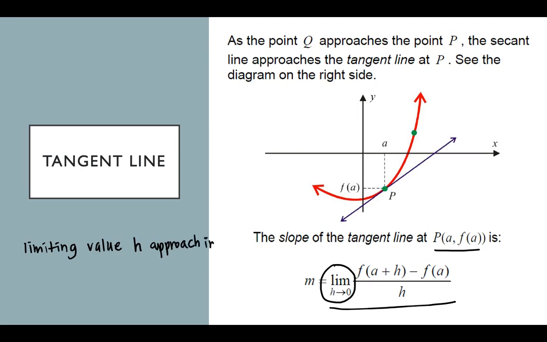Why? Because we want the difference to be very, very minimal. In order to find a slope, you need to have 2 points, but you can never find a slope using only 1 point, as in the previous example.